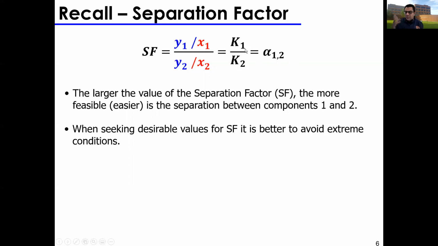So if I increase my temperature significantly, of course, it's going to be easier to separate two mixtures, right? Or if I increase my pressure significantly, of course, it's going to be easier to separate two mixtures. But you always want to calculate your alpha values at non-extreme conditions, right? So you want to be realistic when making your assessment for designing your separation trains.